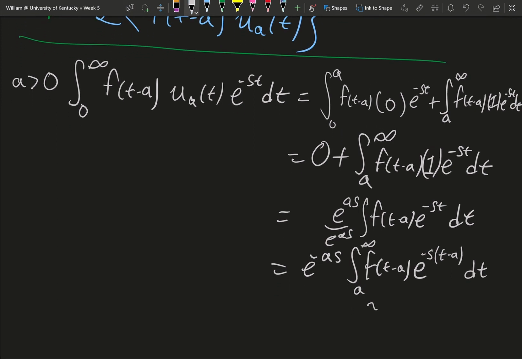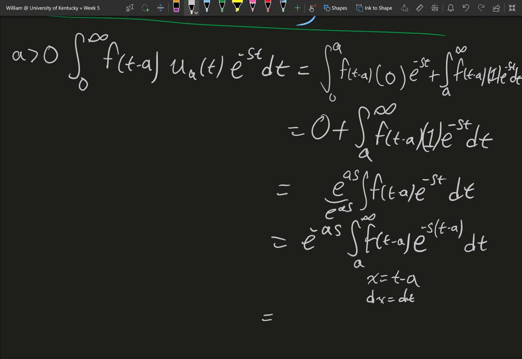So if I introduce a new variable here and call it x, say it's equal to t minus a, right? dx is still just dt, but I'm going to change my bounds of integration. If t is a, then x is 0, and if t is infinity, well, x is still infinity.